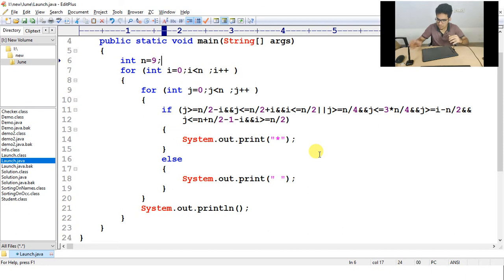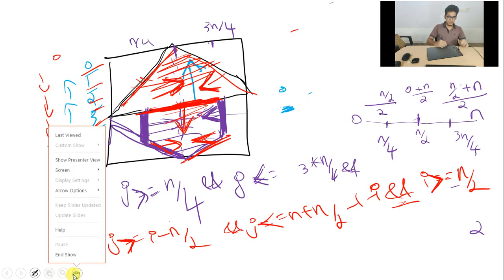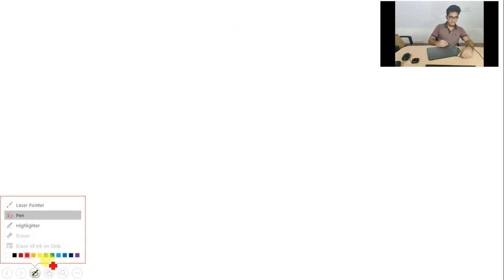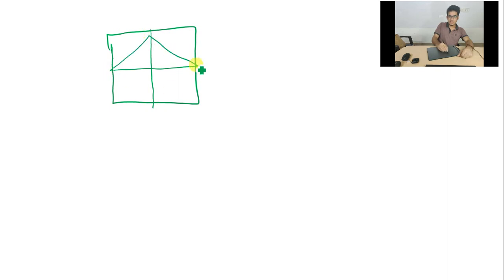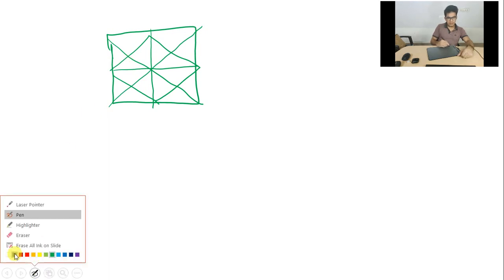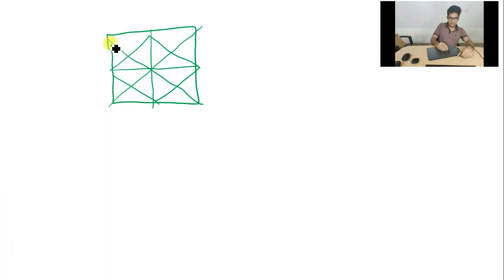Now let me go to one more pattern where, when I teach that, the concept will be fully clear for you. Imagine that this is our square, and this square has lines like this. Now, what area I want to shade is areas like this.